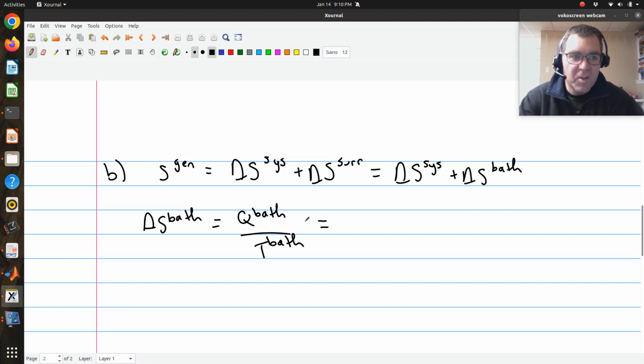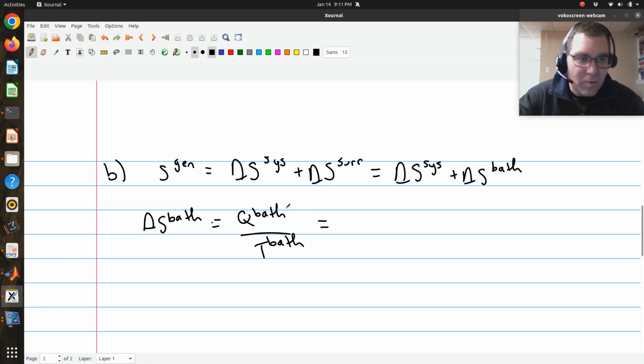In terms of Q bath, how I handle this is any heat being added to my system must come from my surroundings. So any heat leaving our surroundings enters our system, just like any heat that would leave our system would go to the surroundings. And so what that does for us is, well, Q bath.